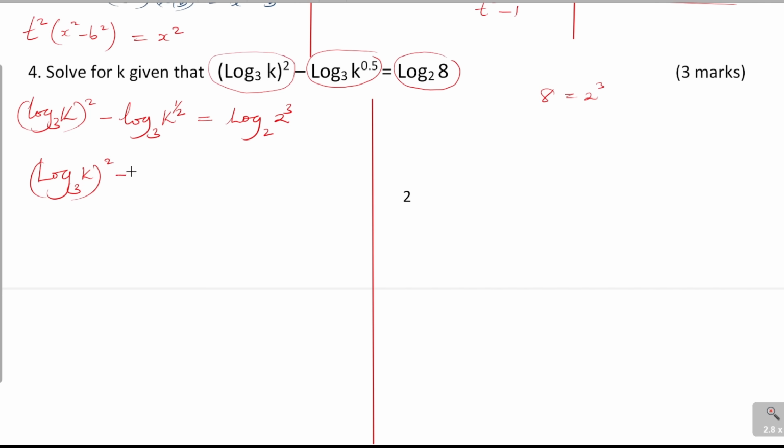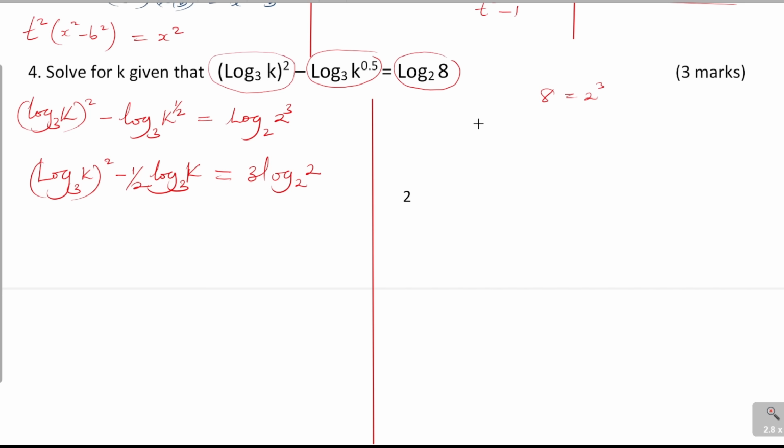This will simplify to a half logarithm of k to the base of 3. So you need to understand that law. And then for the right hand side, logarithm of 2 cubed to the base of 2, that one again will simplify to 3 logarithm of 2 to the base of 2.